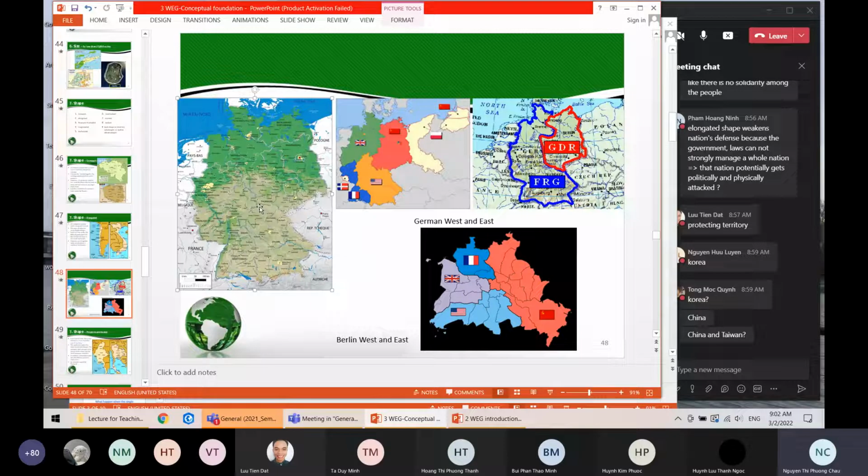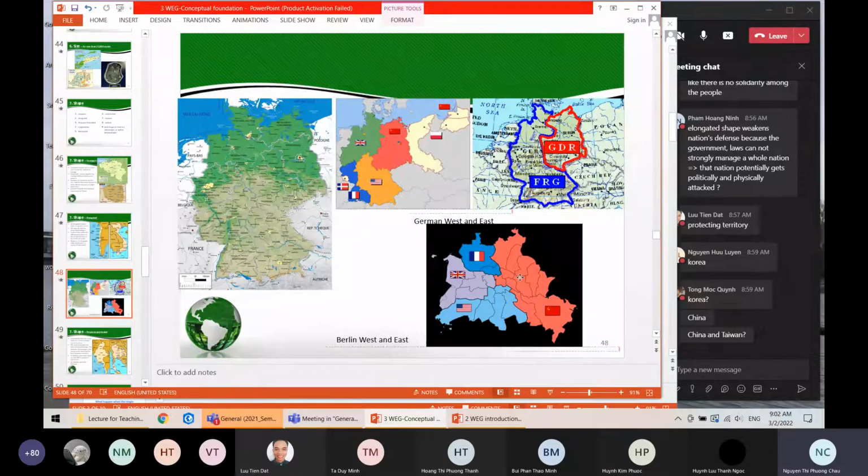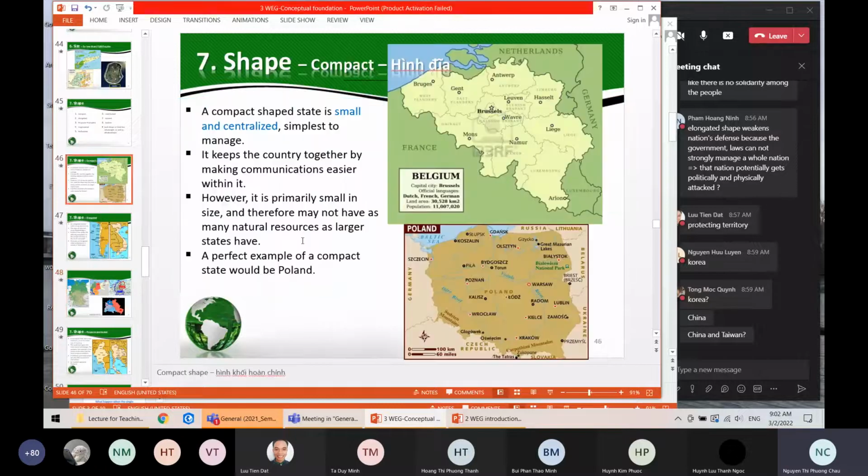It is not long and narrow like Vietnam, but it has a narrow part like Korea, and it has some tail. That makes this cookie easy to be broken into pieces. You see, the shape of a nation tells us something about advantages and disadvantages, and supports more or less the economy as well as political issues.